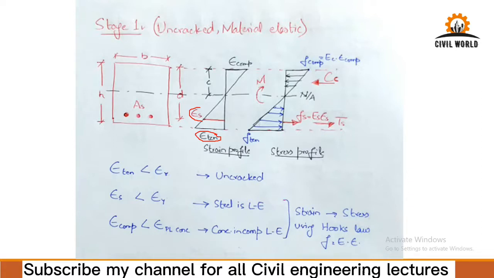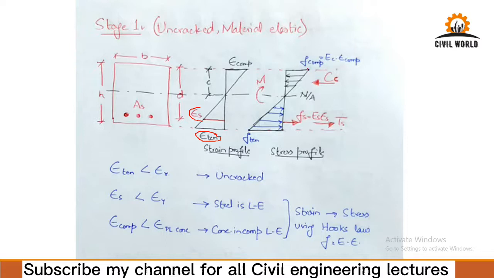So in this region of linear elastic behavior, you can use Hooke's law and convert your strains to stresses by multiplying strains by the modulus of elasticity of that material. Coming back to the same point, the compression stresses in concrete can be found by multiplying this strain by its modulus of elasticity.